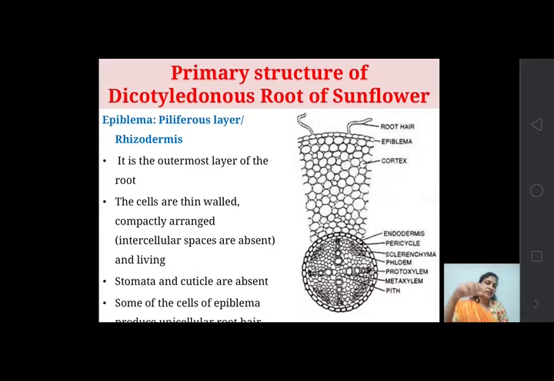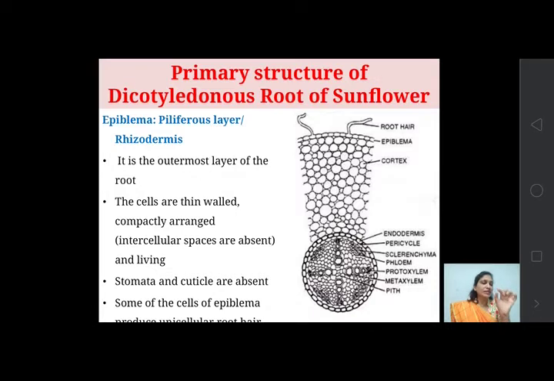The cortex ends with the endodermis. The endodermis is the innermost part of the cortex, and it demarcates the cortex from the internal part of the root. It is made up of barrel shaped, compactly arranged cells. The radial walls of these endodermal cells are thickened due to the deposition of suberin, but the cells present against the protoxylem are thin walled and allow the entry of water.